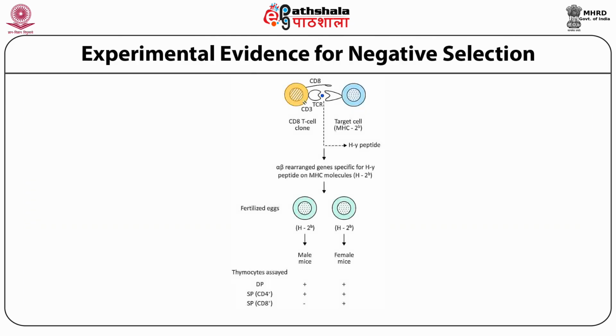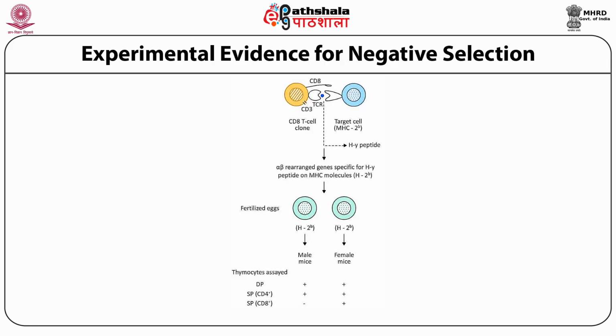Evidence for negative selection. To find out the importance of negative selection, here a CD8 T cell clone was taken which has TCR which is specific for HY peptide. HY peptide is a protein which is expressed in the male, the gene of which is present in Y chromosome.